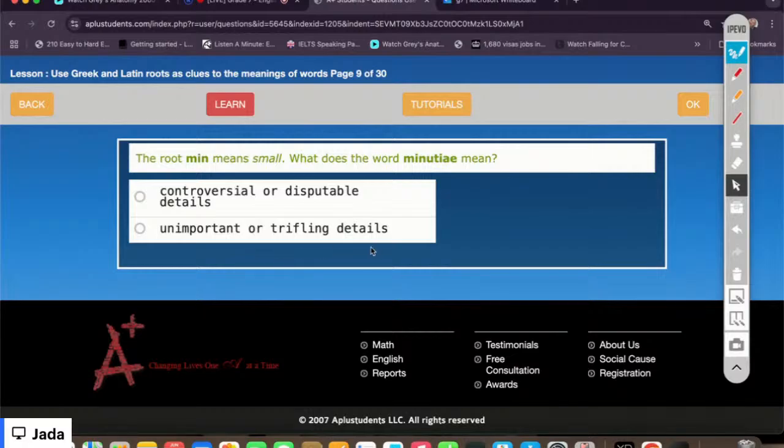So the root min means small. What does the word minutiae mean?